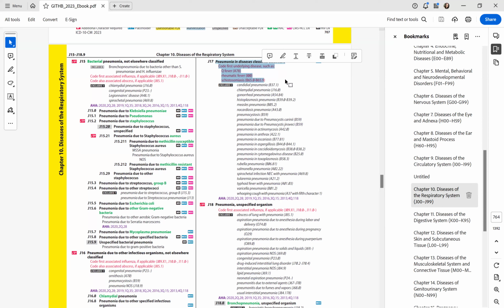These would be classified elsewhere. Note also they have all these different types of pneumonias that are carved out. Excludes 1, once again, means it's mutually exclusive. You can't have a pneumonia that's classified somewhere else and then have it be this type of pneumonia.